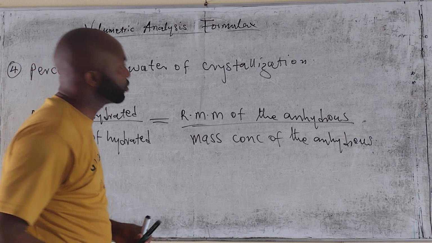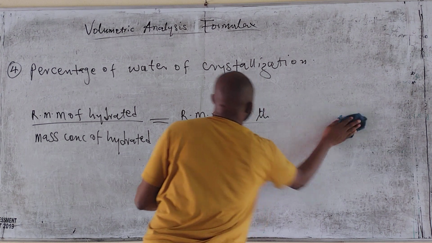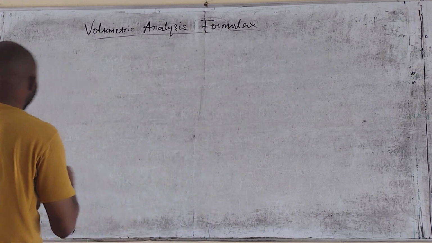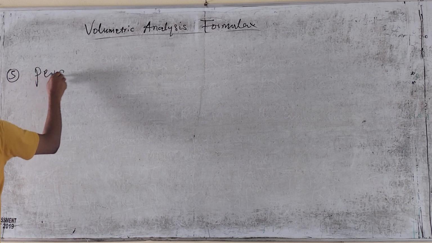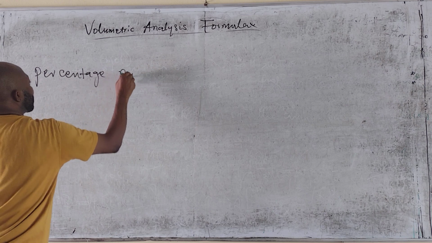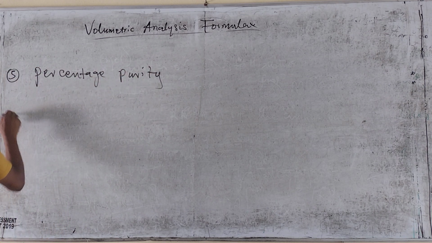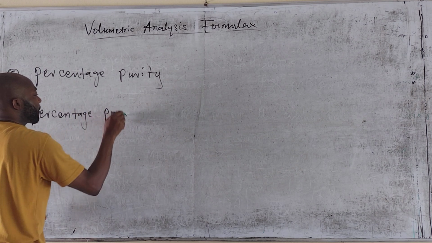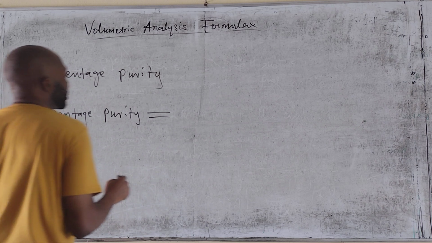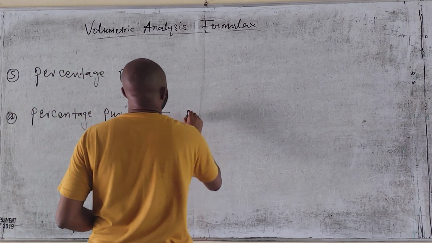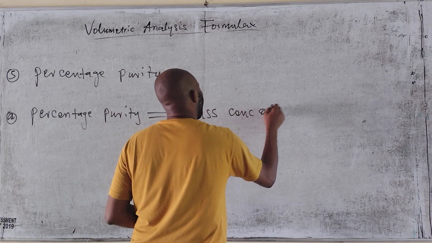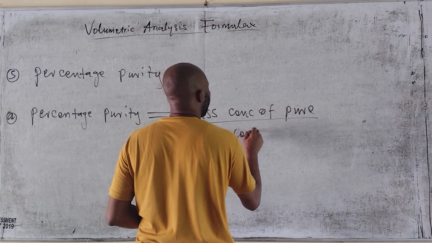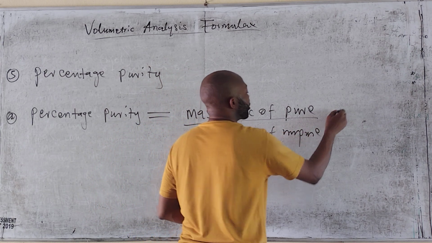So let's look at percentage purity. Percentage purity is mass conc of pure sample over mass conc of impure sample times 100.